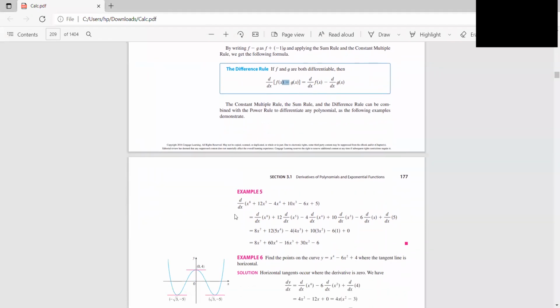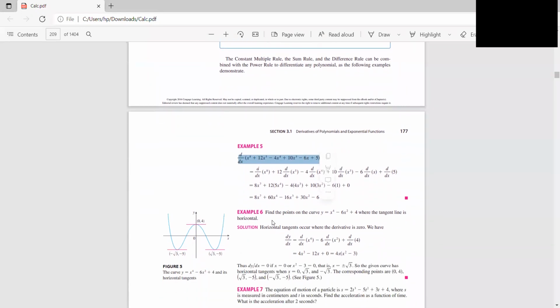So this is again the same rule, and here the question is with a plus sign and minus sign. Can you note down this question and do it yourself? Example number 5. Okay.